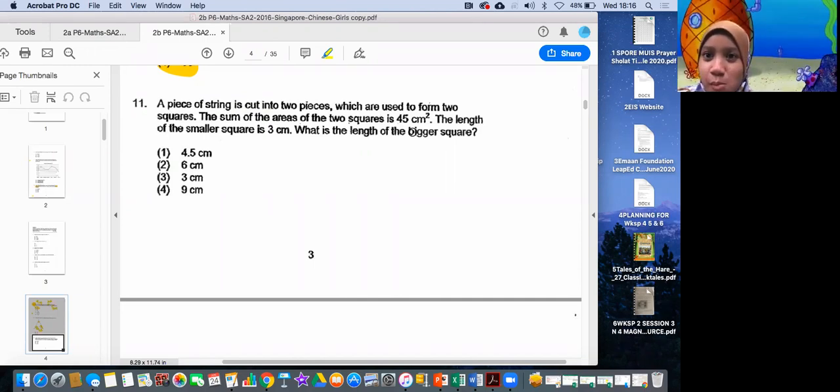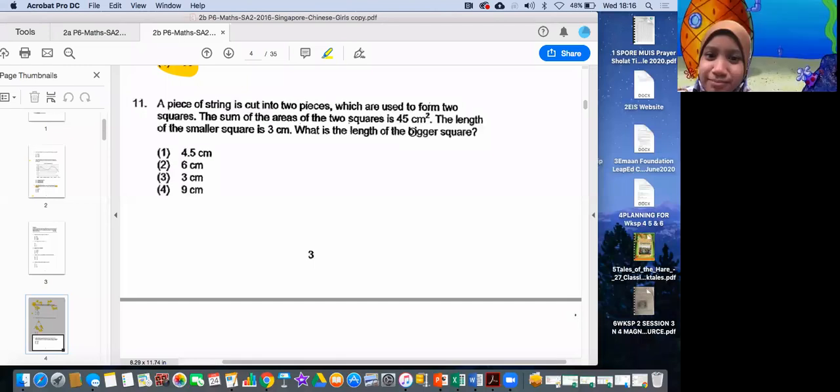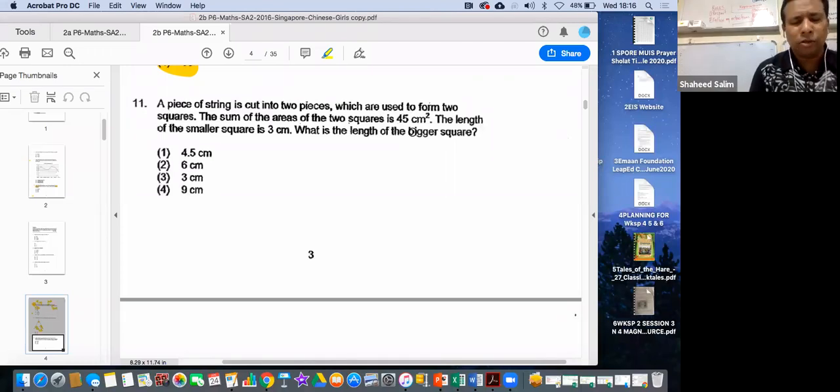No, don't look at the answer. The length of the smallest square is 1 cm. Good. So if the length of the smallest square is 1 cm, the bigger square's length is how many cm?